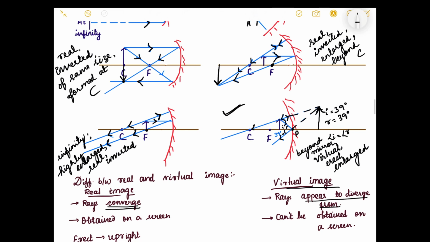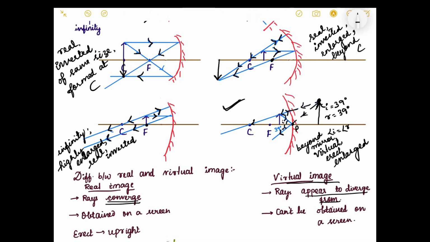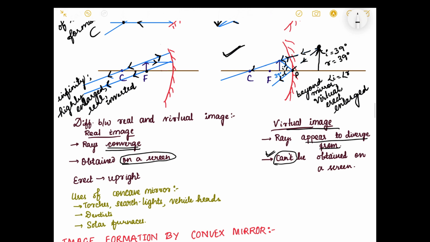In this case, as we can see, all the rays have been drawn backwards, and these reflected rays appear to diverge from this particular point, but in all other cases the rays actually converge. Now the real image can be obtained on a screen, but the virtual image cannot be obtained on a screen. So these are the differences between real and virtual image, and as we have already discussed, an erect image refers to an upright image.